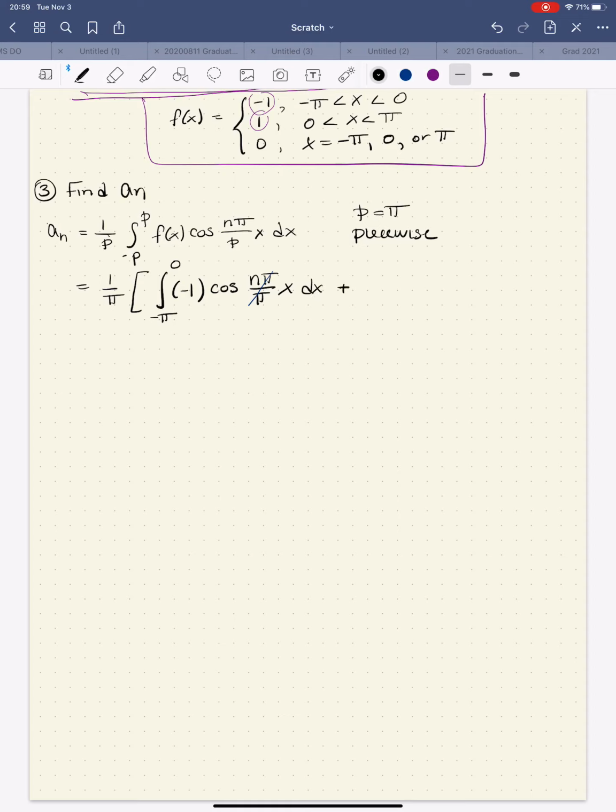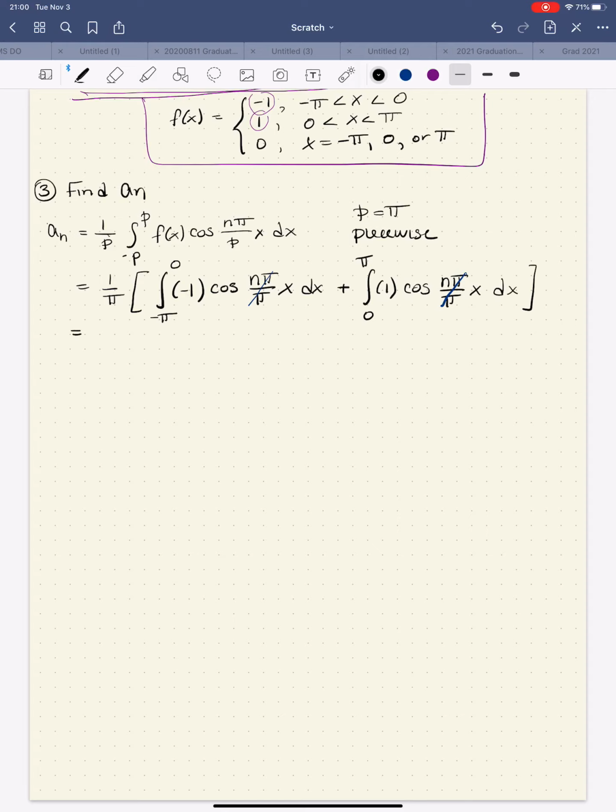dx plus the integral from 0 to pi of 1 this time, cosine of n pi over pi x dx. Okay. So again, the pi's cancel, so that significantly simplifies the argument of our cosine functions.